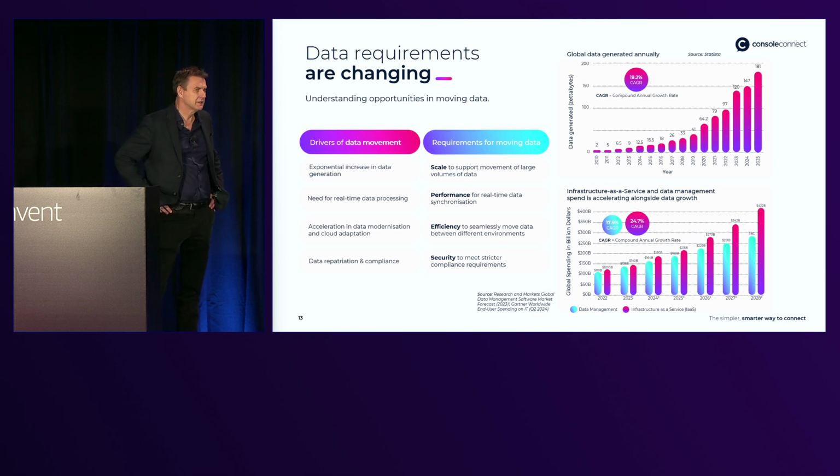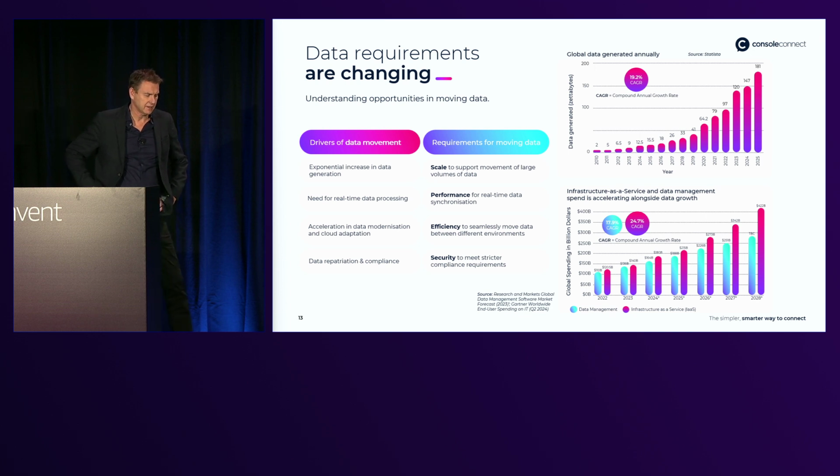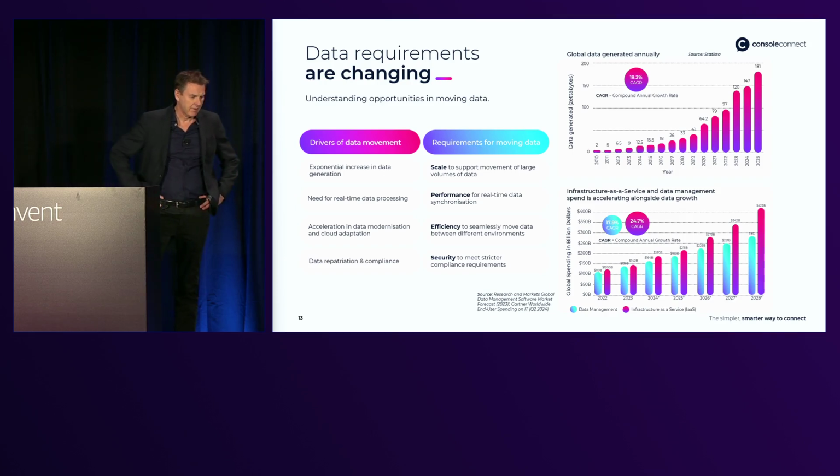We're seeing increasingly the need for real-time data processing, particularly for syncing of a lot of these systems, for inferencing in AI, et cetera. What does that mean? Well, it means the network that underpins it needs to be very, very high performance, very low latency.